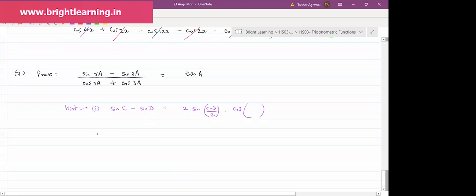And another identity, cos C plus cos D is equal to 2 times cos of C plus D by 2, cos only, not sine, cos of C minus D by 2. First identity, 2 times sine C minus D by 2, cos of C plus D by 2.